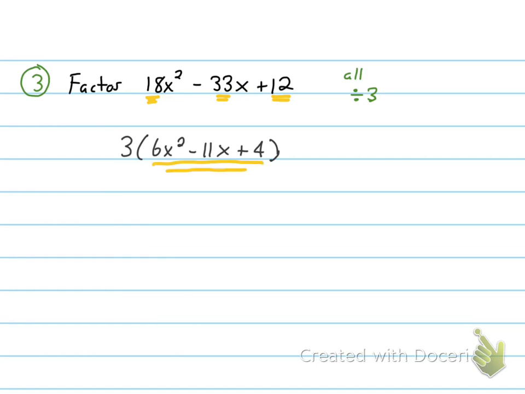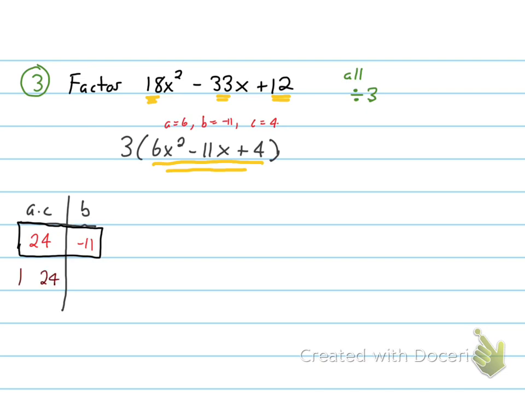And now I can factor and use my AC chart with these numbers, which is going to be a lot easier to work with. So making my AC chart, now my a value is 6, b is negative 11, and c is positive 4. So I want two numbers that multiply to give me 24 and add up to give me negative 11. Notice here, since I have a positive number to multiply to and a negative to add up to, I want two negative numbers.